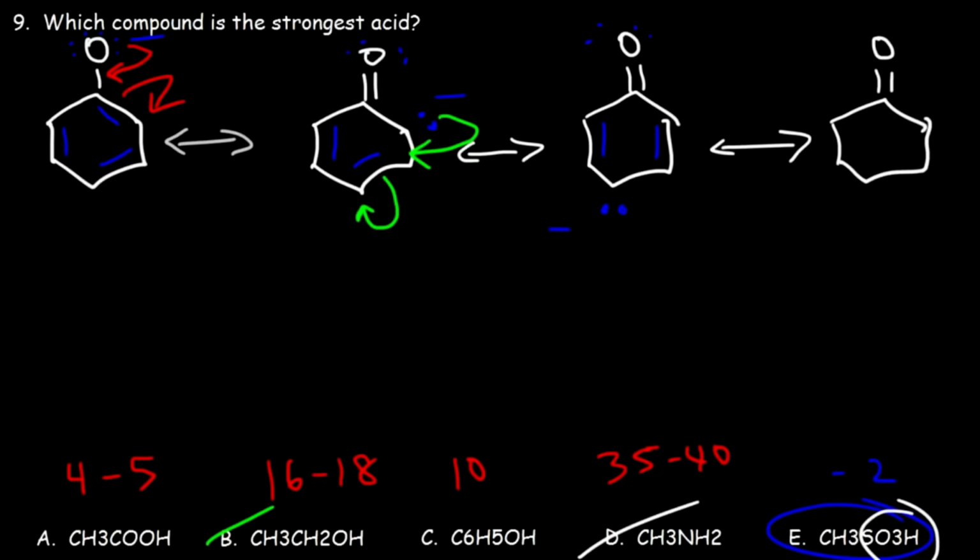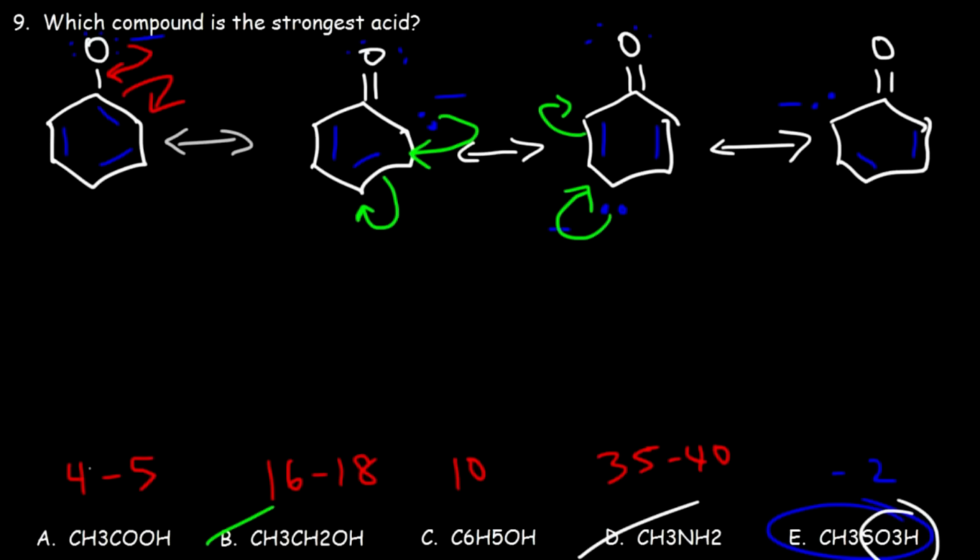So the negative charge is going to keep jumping 2 carbons away. So now we can draw another resonance form. So as you can see, the phenoxide ion has a total of 4 resonance forms. The negative charge can be placed on 1 oxygen atom or 3 carbon atoms.